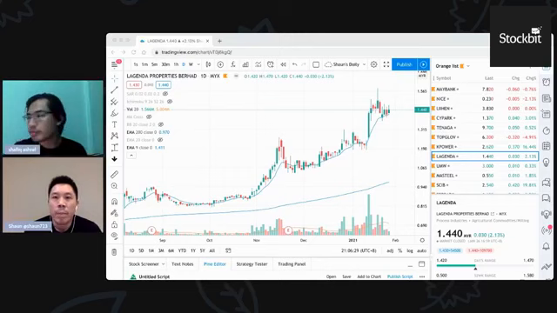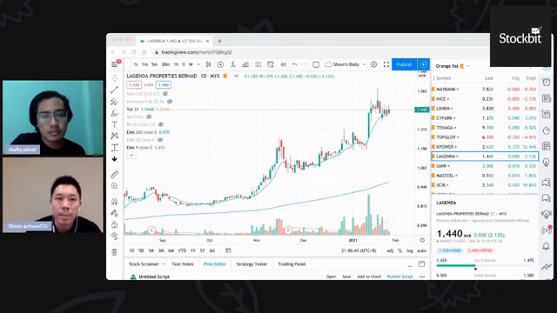So you have triangles, pennants, wedges, and flags. Flags can be on an angle, or they can be flat, like a box or a rectangle.